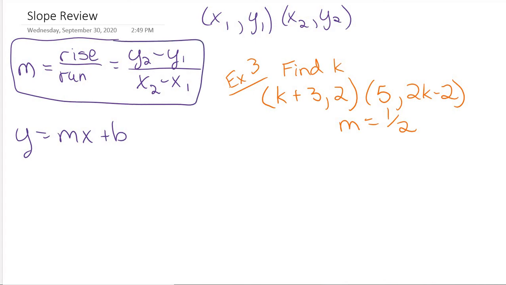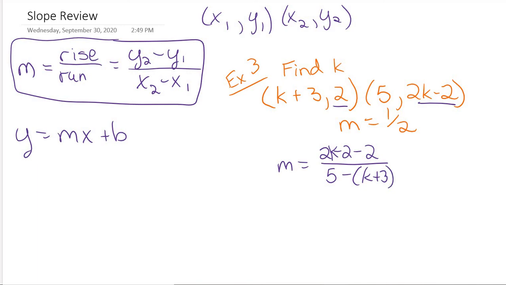So I have my 2 coordinates and I'm going to subtract them. So I'm going to do 2k minus 2 and then minus the 2 from the other coordinate. And that's all divided by 5 minus the k plus 3.